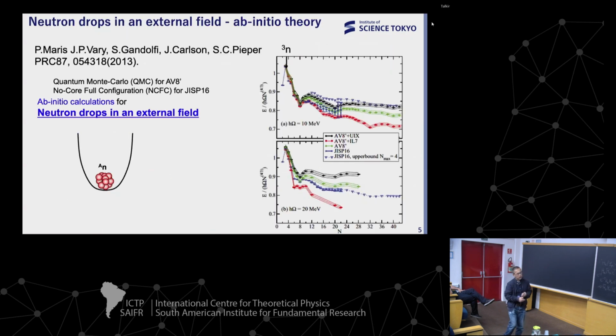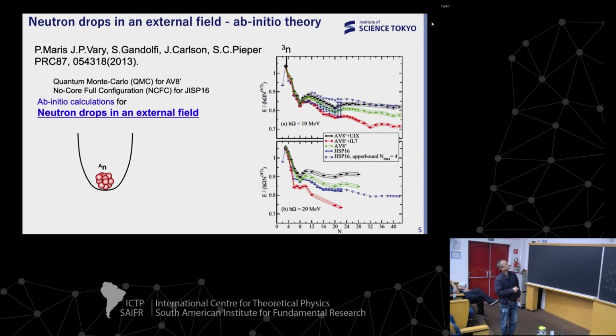Okay. And well, I found actually a very interesting paper about neutron drops in an external field. This is ab initio theory by this group.